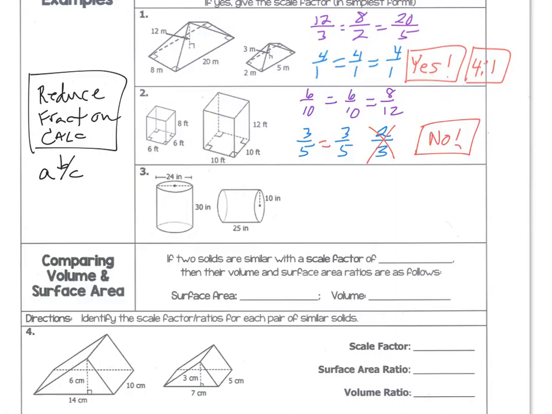So what I want you to do is take on your calculator 6 divided by 10, hit equals, and then, oh, that didn't work. Let's try it this way. So on your calculator, you're going to do 6. Then you're going to hit your A, B/C button, and then you're going to put in 10.